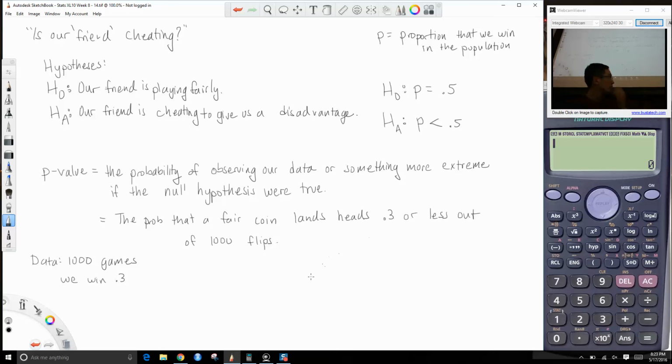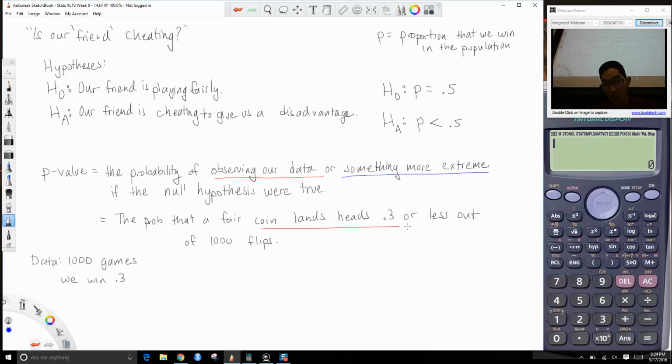Okay, that is the p-value. So here I just want to say, the probability of observing our data is the coin lands heads 0.3, or something more extreme.